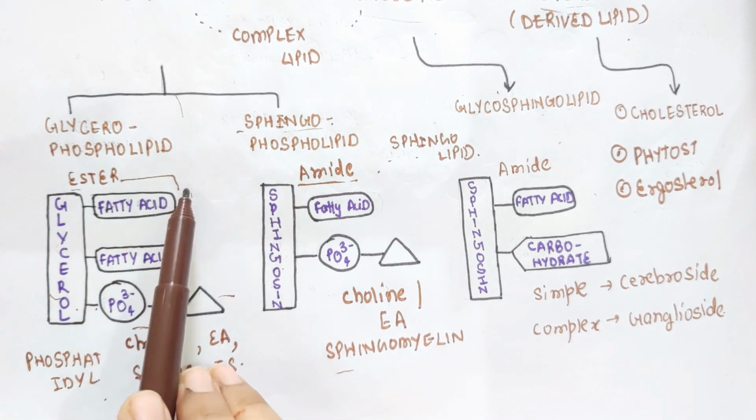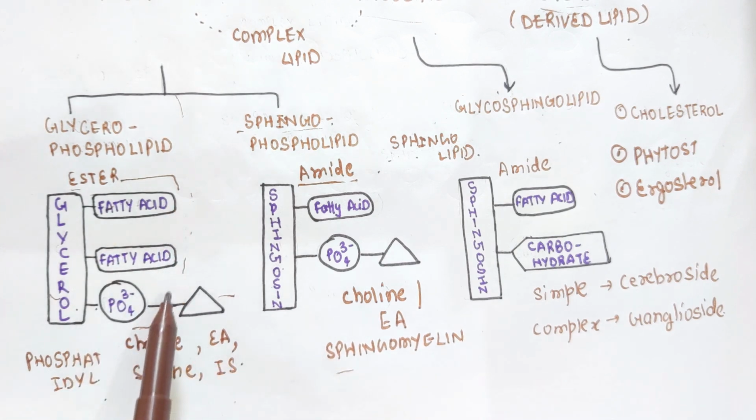Here you can see that this part of the structure is called phosphatidic acid or phosphatidyl. If the small group is choline, then we can name this structure phosphatidylcholine. Next, if this small group is ethanolamine, then we can name this structure phosphatidylethanolamine.